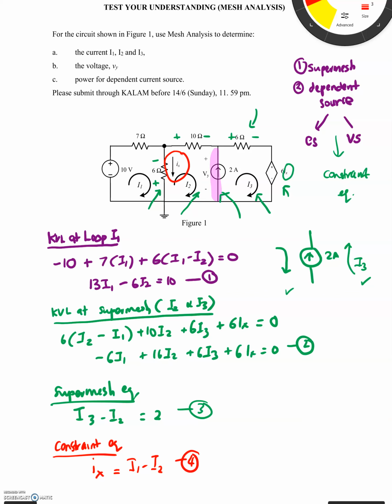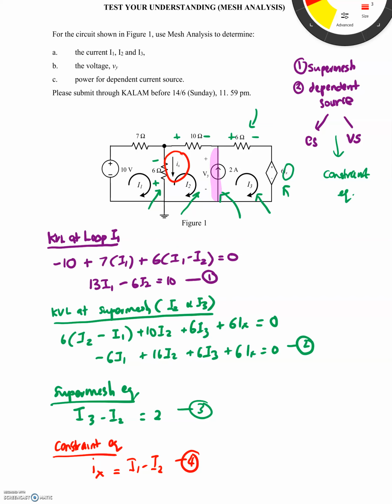Okay, then you have the 4 equations related to KVL, and then you need to solve or rearrange the equations so that you can convert them to matrix form and solve it using a calculator.